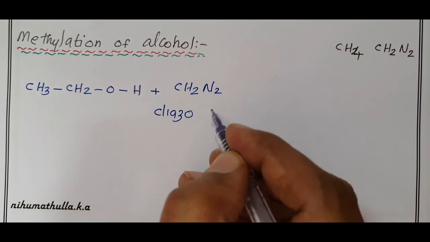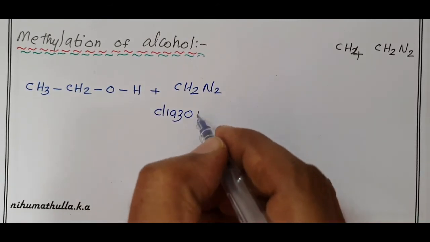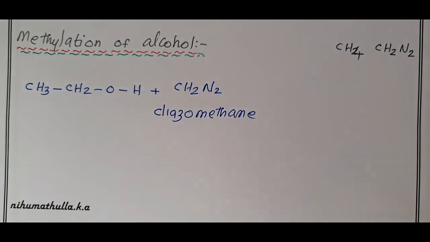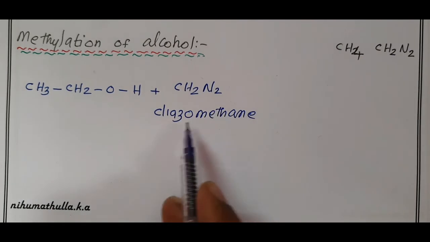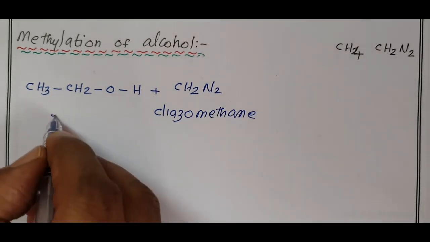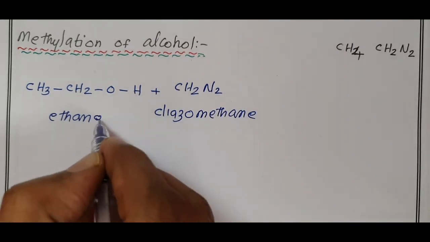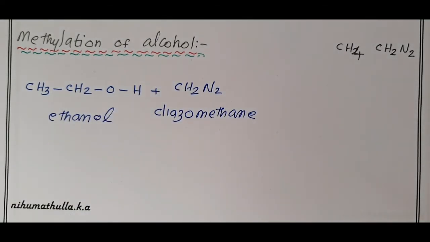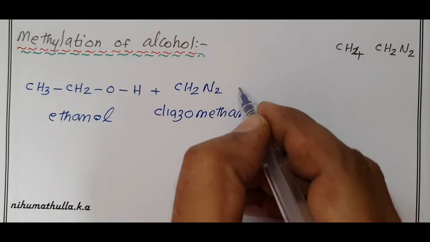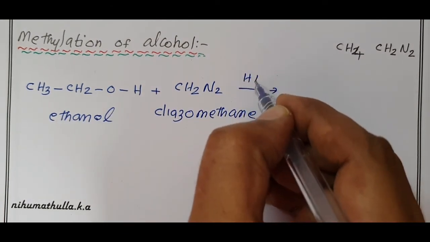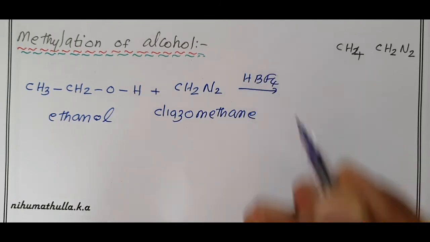This is your diazomethane. Azo indicates nitrogen, two nitrogens, diazo. The first name given to this N was azote, hence azo. 2 carbon, eth, carbon carbon single bond, ethane, OH, ethanol. The reaction is carried out in the presence of fluoroboric acid.